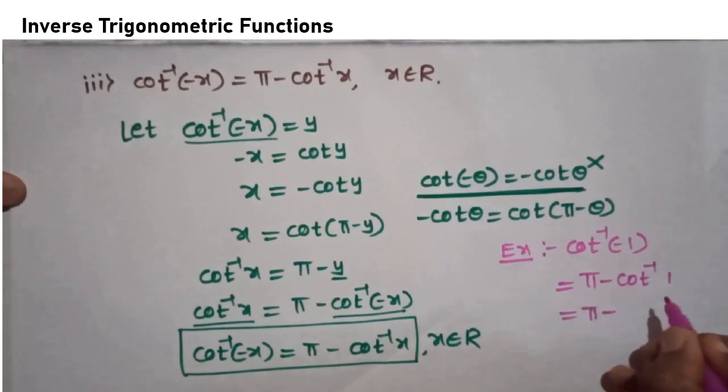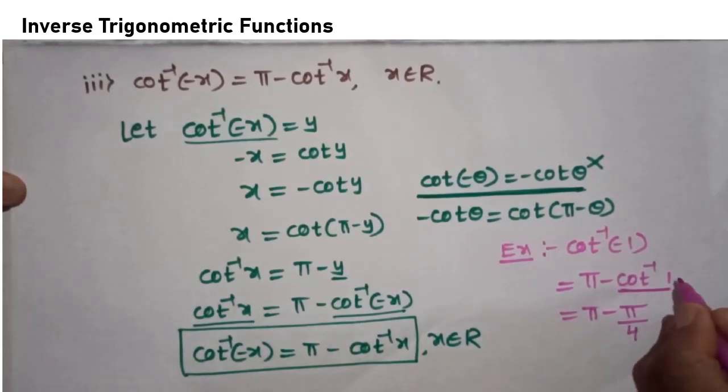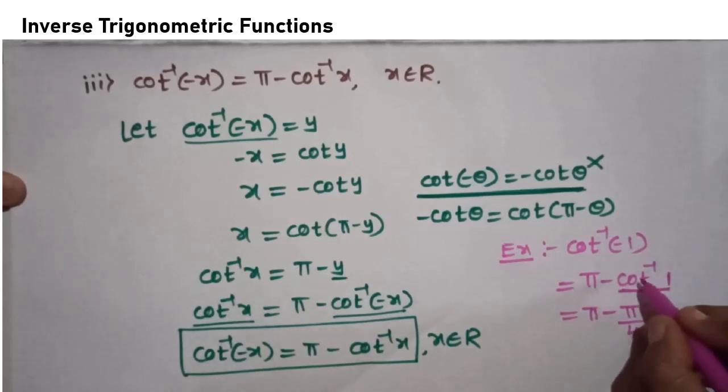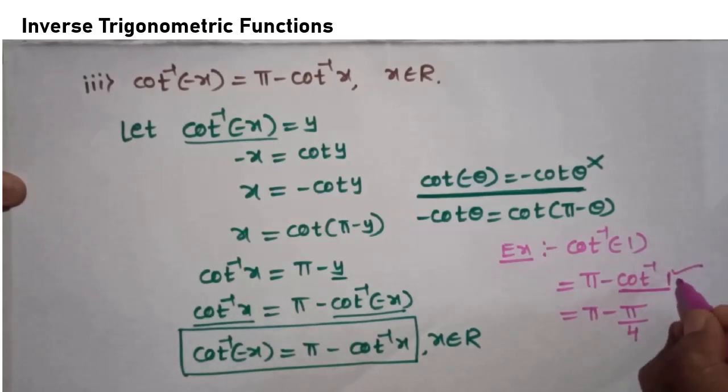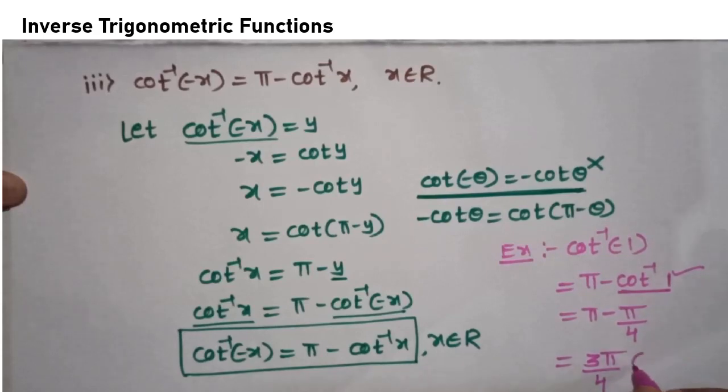What is the principal value of cot inverse 1? That is pi by 4, directly you can get it, the angle for which cot gives 1 as the answer. Pi minus pi by 4, so that we can have the answer as 3 pi by 4.